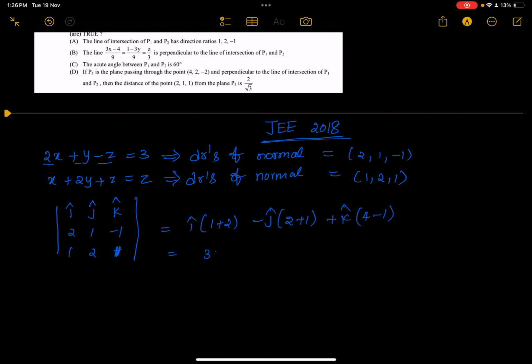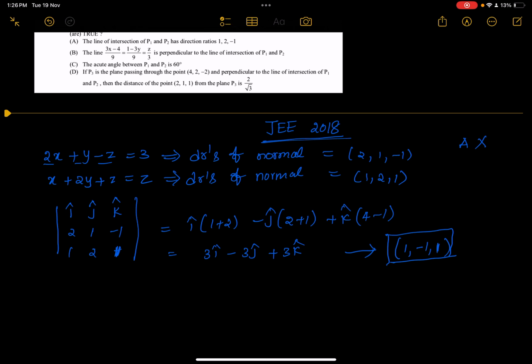So this is 3 i cap minus 3 j cap plus 3 k cap. If you take out 3, the DRs will be 1, minus 1 and 1. But in the option, it is given that the DRs will be 1, 2 and minus 1. So option A is incorrect.